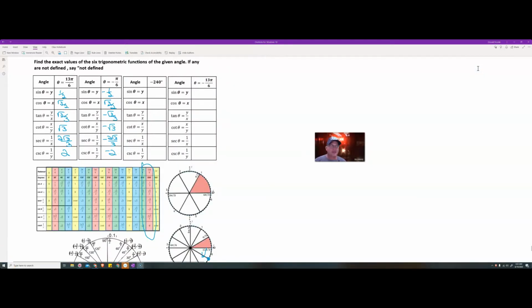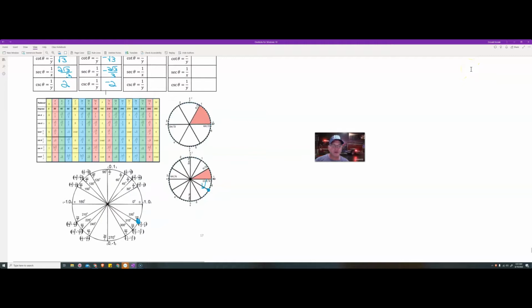All right, negative 240. So if I was down here, I'm going to go clockwise 240 degrees. So going all the way around, that's 180. To get from 180 to 240, I'd have to go 60 more degrees clockwise.